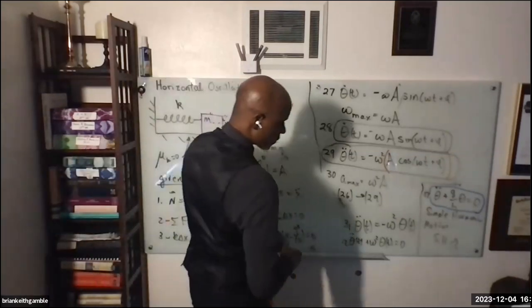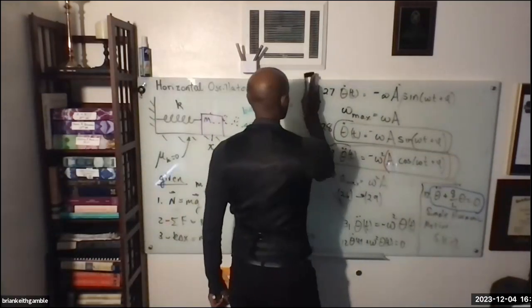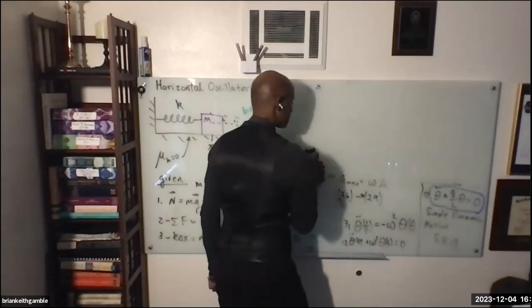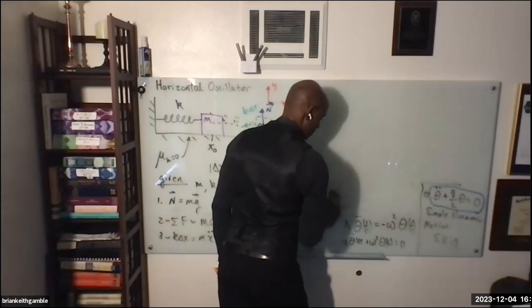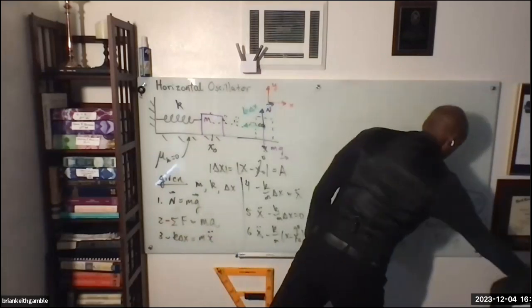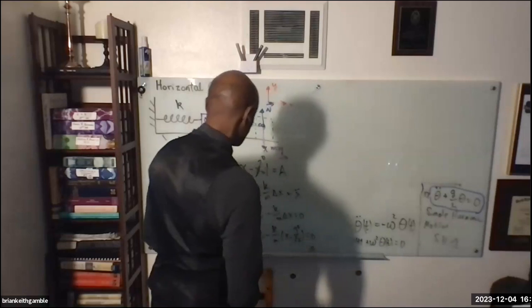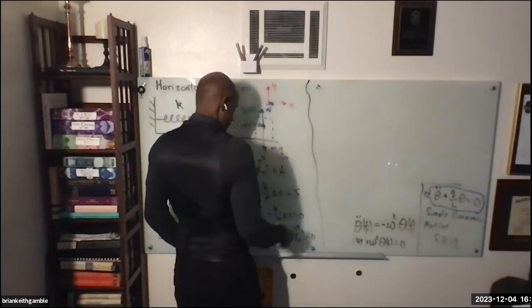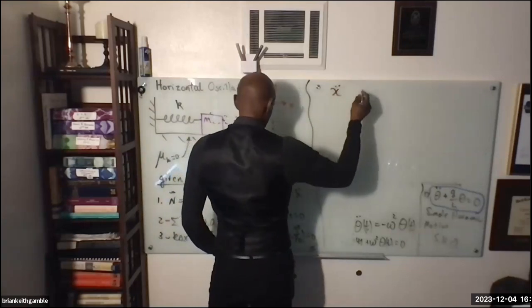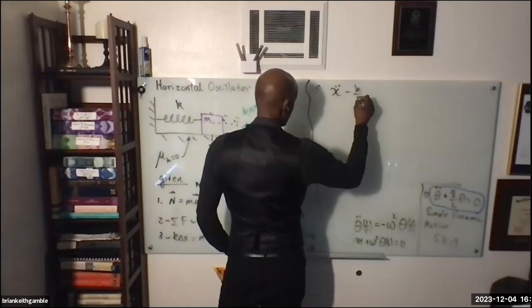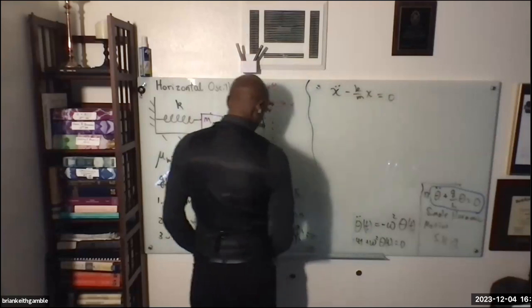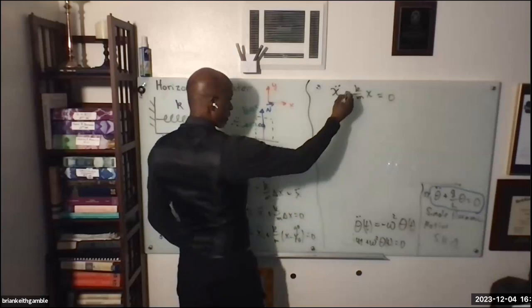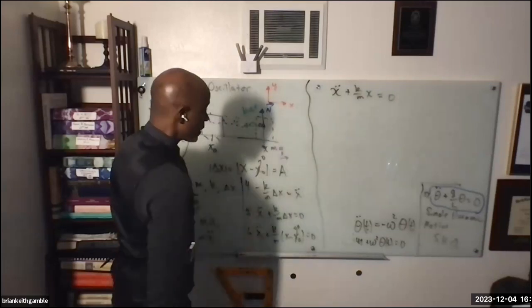And finally then, basically x double dot minus k over m x equals 0. Sorry, not minus, because I took it over as plus. That minus becomes plus. Otherwise, it would not be simple harmonic motion. But there you have it.